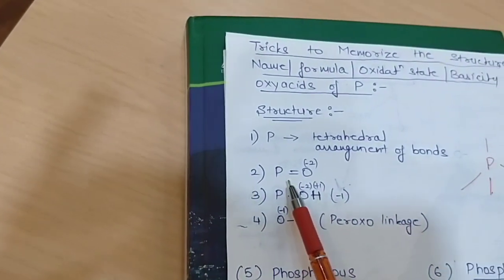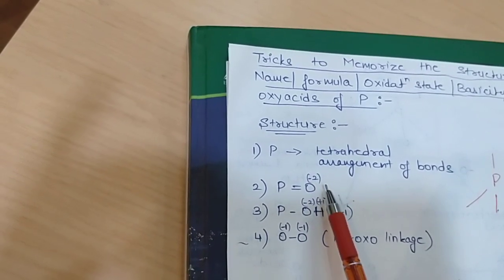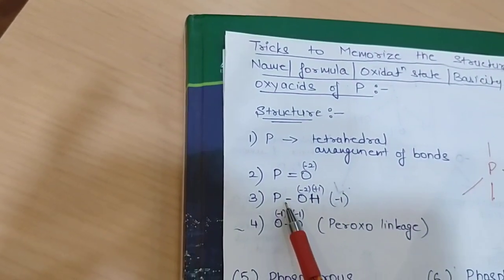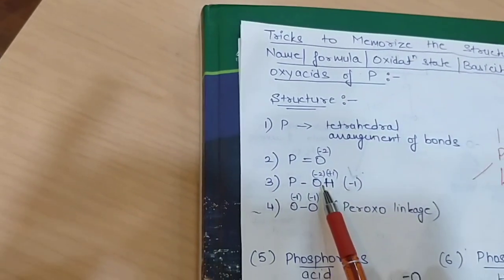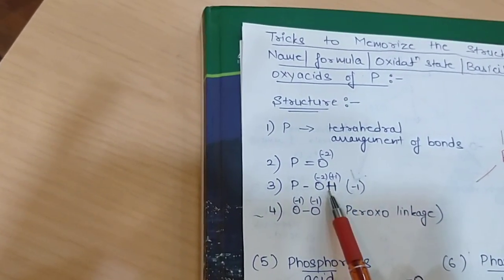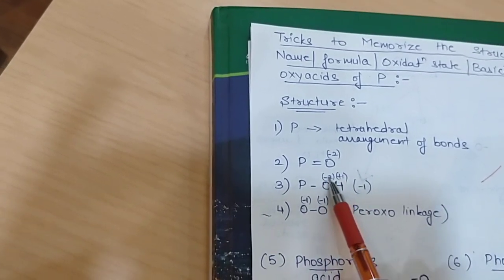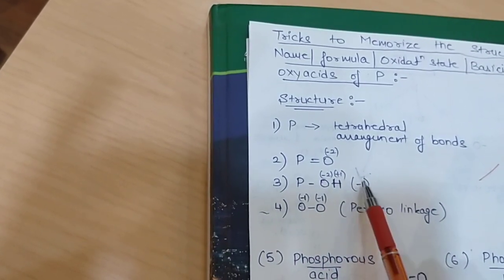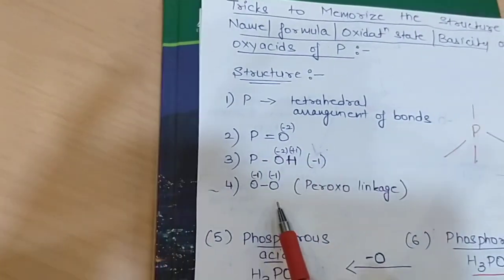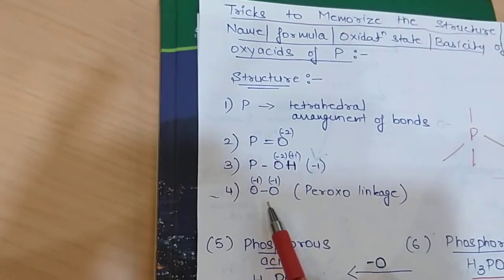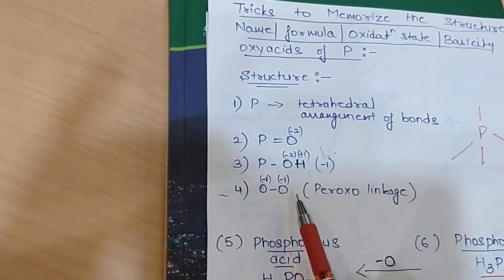Whenever phosphorus is bonded to double bond O, the oxygen is in -2 oxidation state. Whenever phosphorus is bonded to OH, here also oxygen is in -2 oxidation state and the hydrogen is in +1 oxidation state, and the oxidation state of this whole group becomes -1. OH group is -1. Whenever oxygen is in the peroxo linkage, that is O bonded to O, then both the oxygens are in -1 oxidation state.